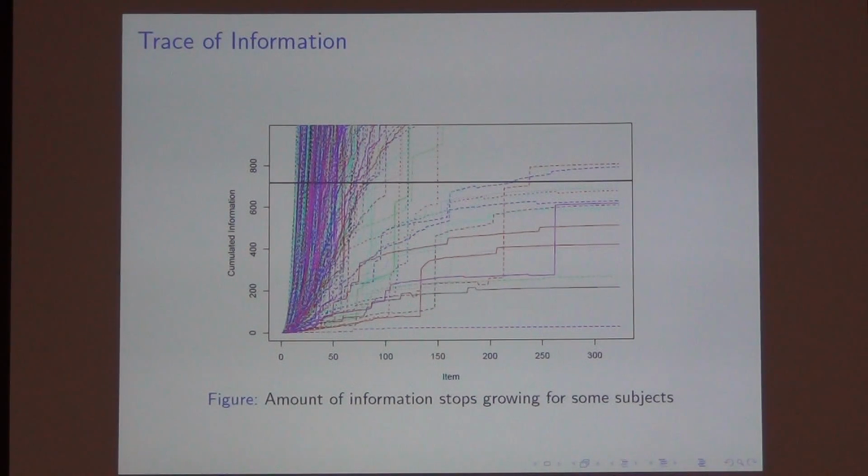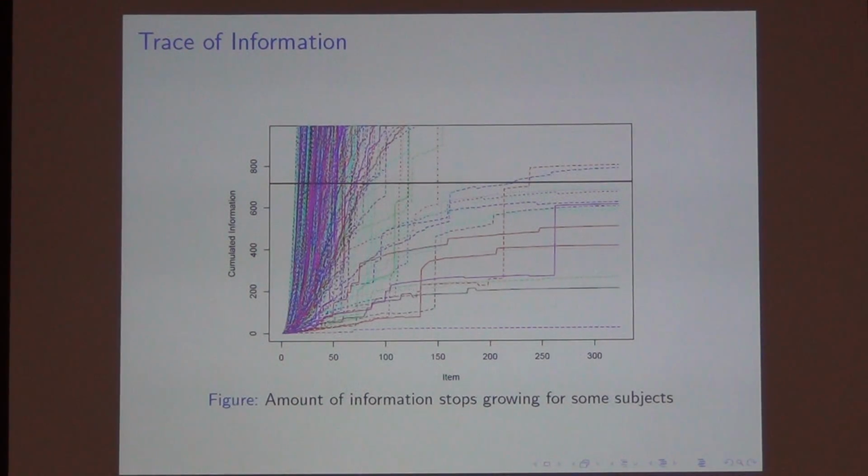If we use the solid horizontal line as our stopping criterion, we see most of the patients will be stopped before they answer 50 items. However, some of them will never be stopped by this rule. Why? The truth is, for those people, we don't have good items to measure their attribute.